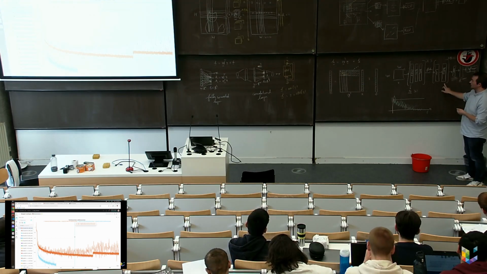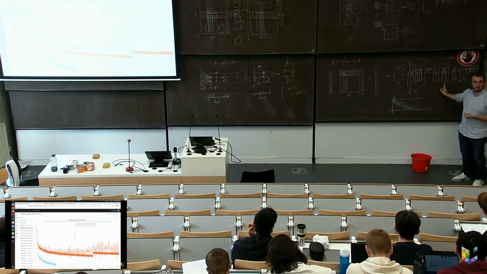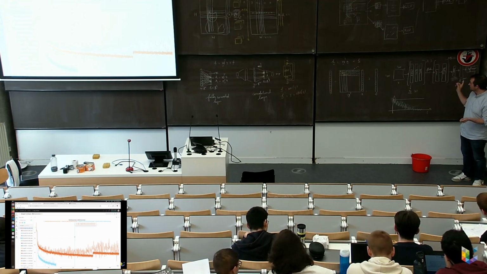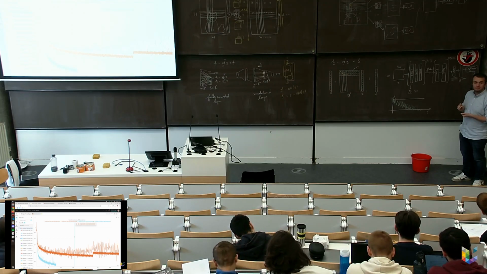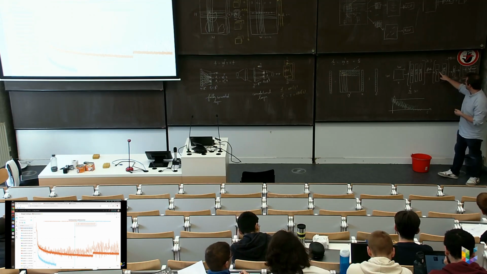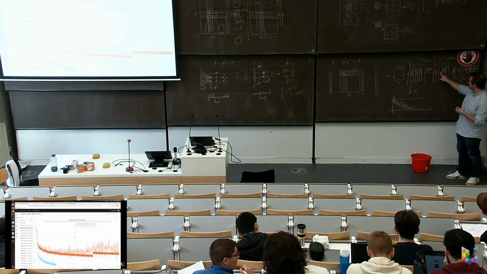So you go back to the architecture, you add skip connections. Where? This one? This one?